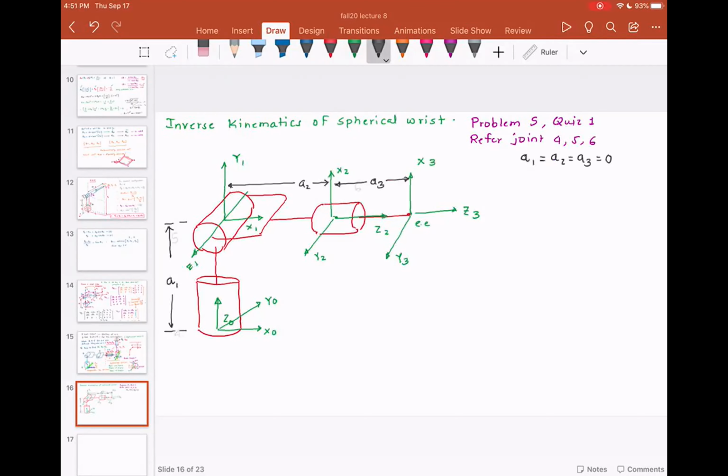So these three revolute joints are sort of on top of each other. And with this, I'm able to solve the orientation problem, and this is actually a simple orientation problem.